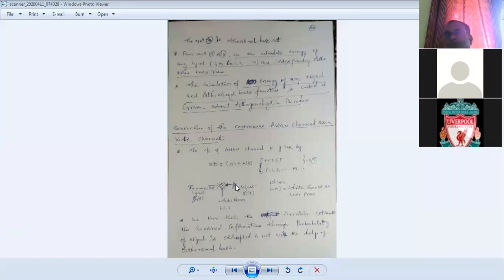How will it check? As I already told, a clock frequency signal will come along before this information from the transmitter to the receiver. This clock frequency will be checked by the receiver and mapped with the clock frequency at the transmitter. If it matches, then it will go for estimation of Si of t at the input.